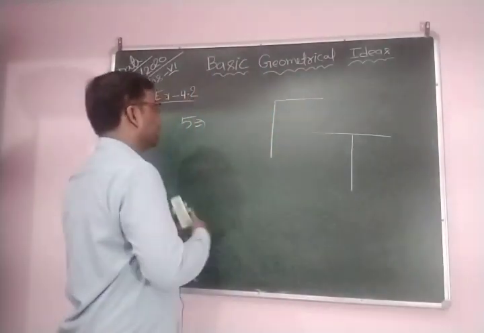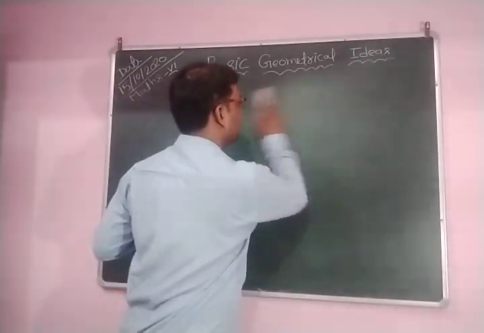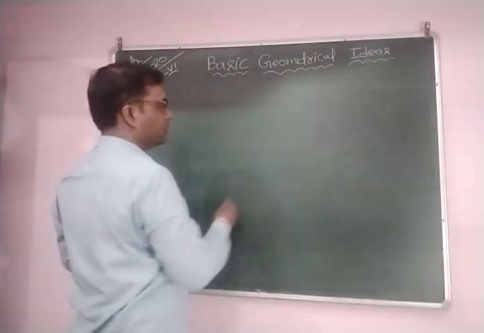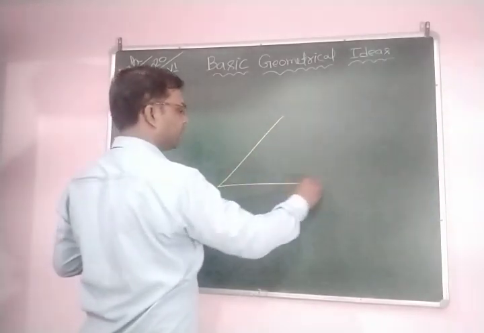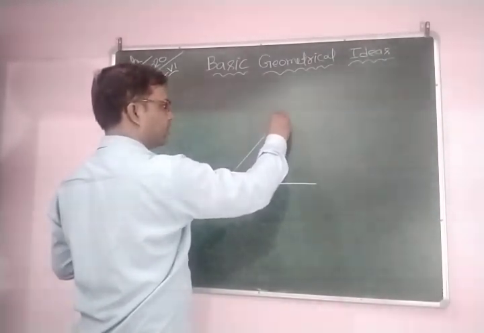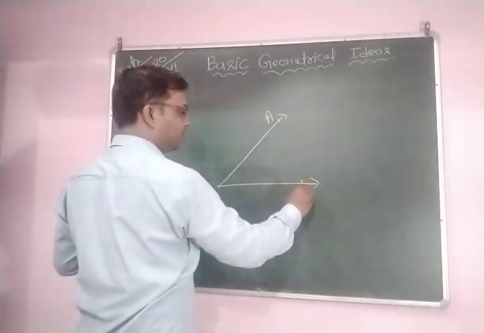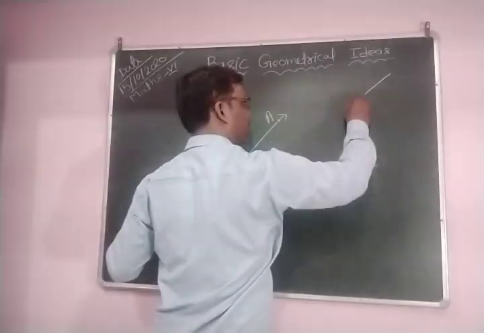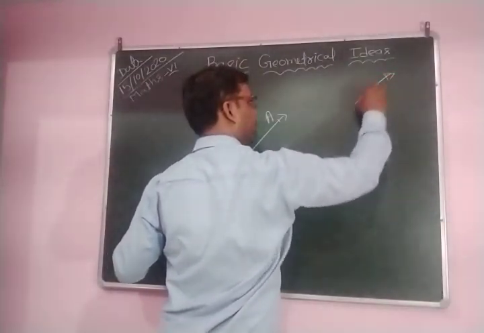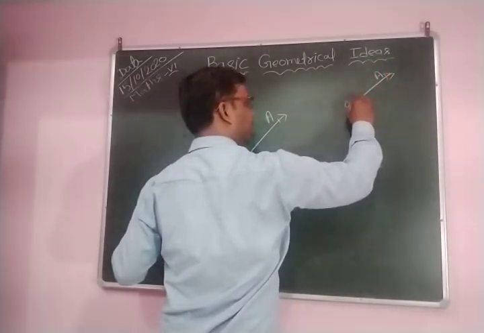So this is the shape of an angle. Suppose this is point A, point B, and this is O. This is ray OA, and this is the initial point.